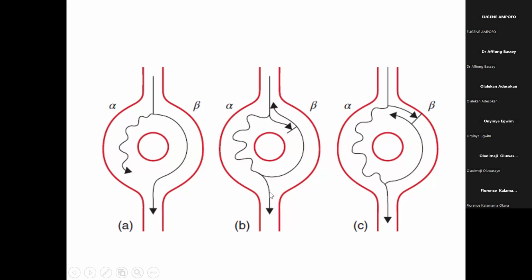As you are trying to depolarize the bundle of His, the fast pathway has taken it very fast back to the atrium. So at the time you are depolarizing the ventricle, the fast pathway has conducted back to the atrium, and it will be depolarizing the atrium at the same time you are depolarizing the ventricle.